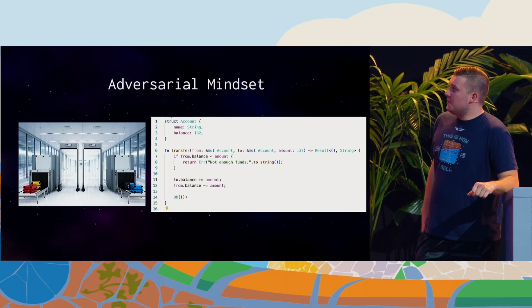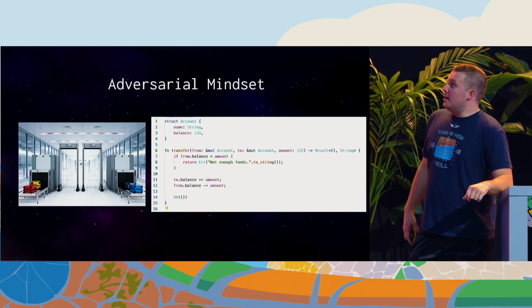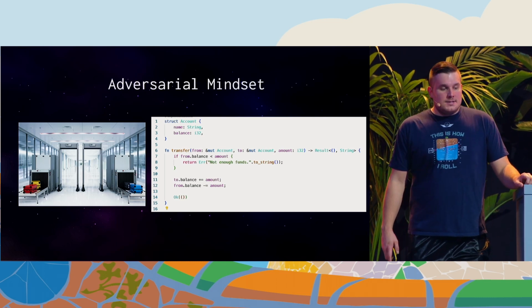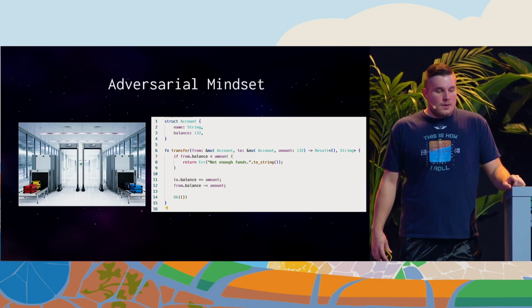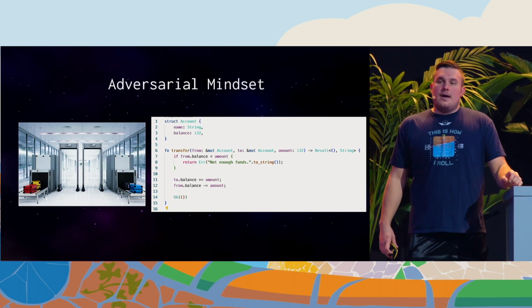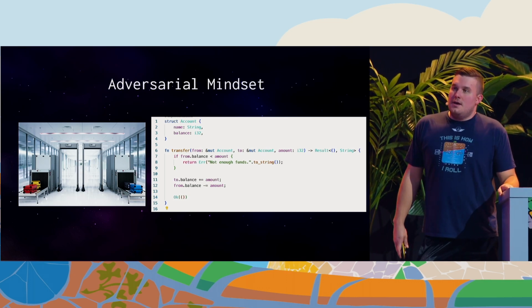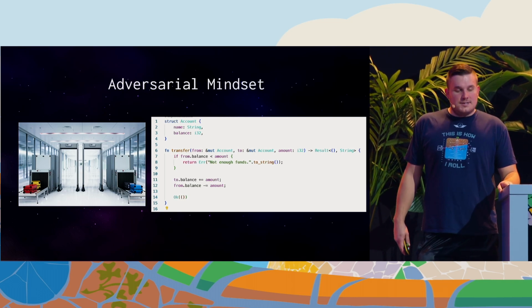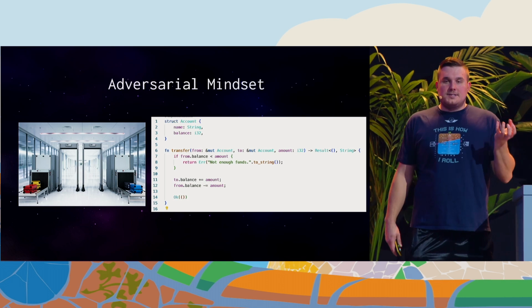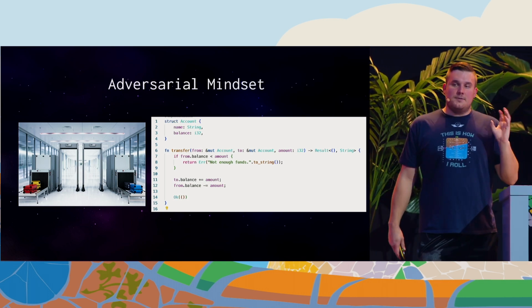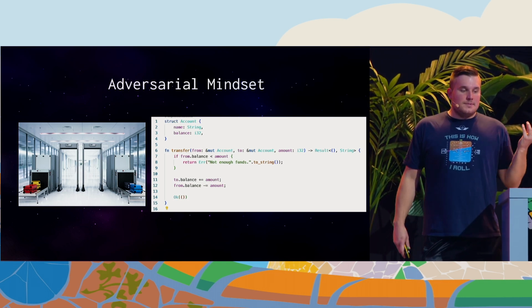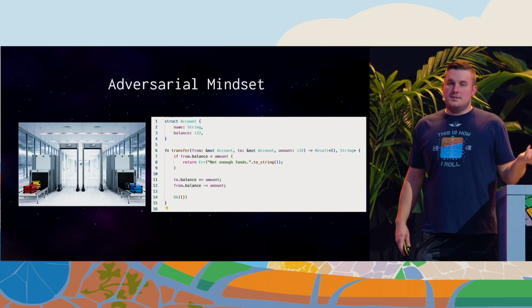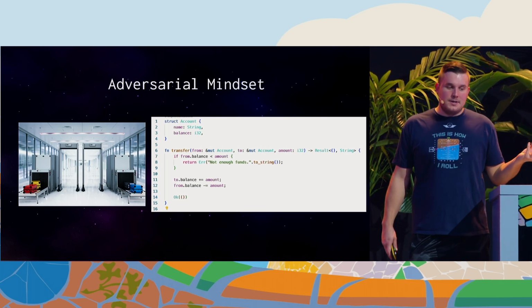So if you want to be an auditor, what you want to do is cultivate what's called the adversarial mindset. This is basically learning how to look at things as they really are rather than as they were intended to be, and think of ways to break things and ways to use things in ways that they weren't intended to be used.